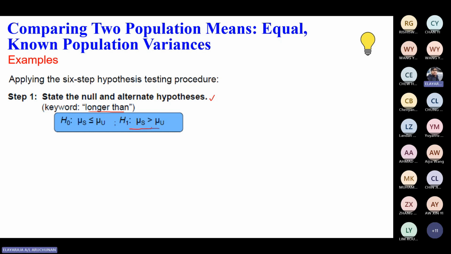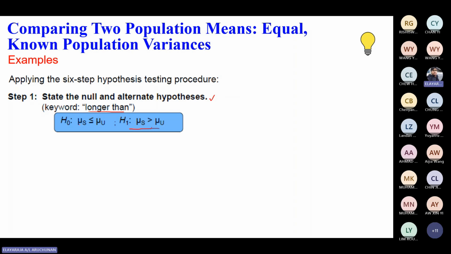So as we know, the customers who line up in standard checkout is greater than the fast lane. So we just initiate that H1. The hypothesis 1, or alternative hypothesis, is the mean for the standard lane is greater than the mean of the fast lane.